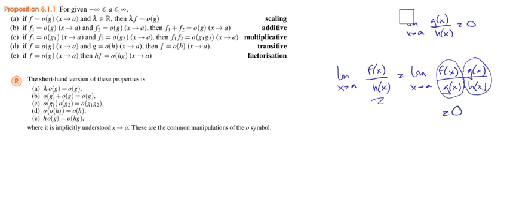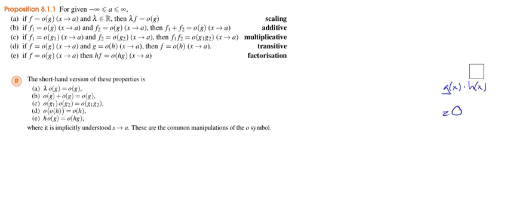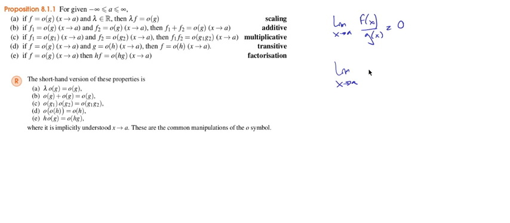And then finally we have the factorization property, right? So we have that f is small o of g, so the limit when x goes to a of f divided by g is 0. And then we want to prove that the limit when x goes to a of h(x) f(x) divided by h(x) g(x) is going to be 0, right?